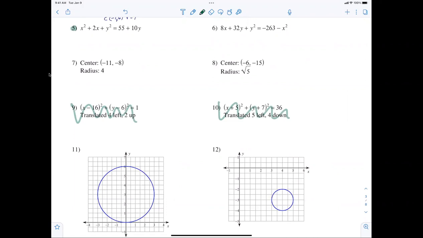Do me a favor, you can cross out 9 and 10. I don't want to worry about the translations. Yeah, I see some of you guys just flying through it. I told you, it's very simple.